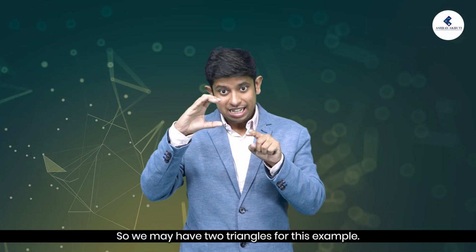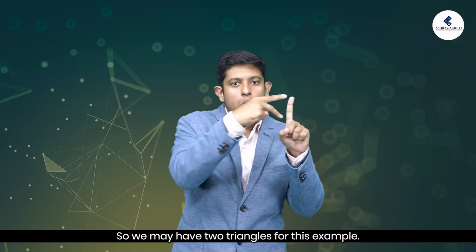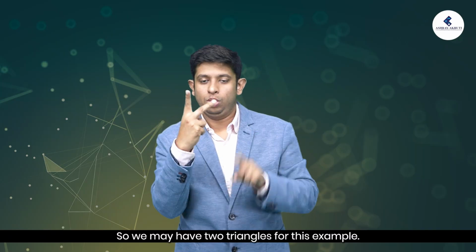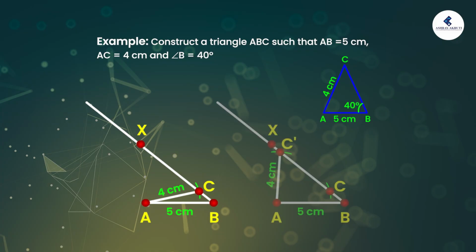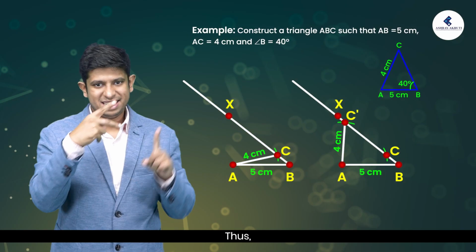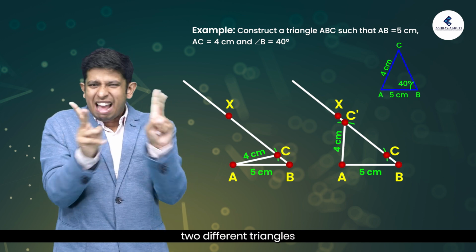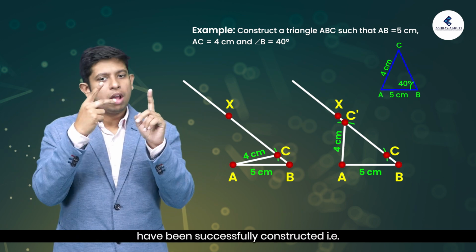So we may have two triangles for this example. These are the two triangles. Thus, two different triangles have been successfully constructed.